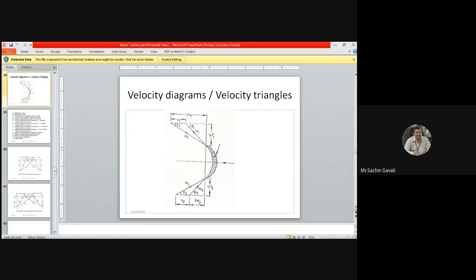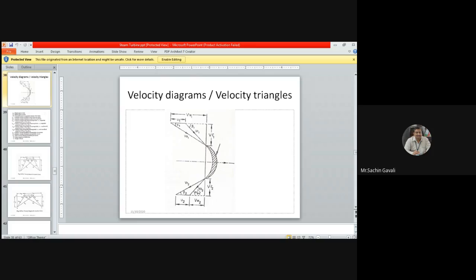Similarly, when the steam glides over the blade and leaves it, it comes out with a velocity component called VA2, or V2. At the outlet side, the angle VA2 makes with the horizontal is called alpha 2.